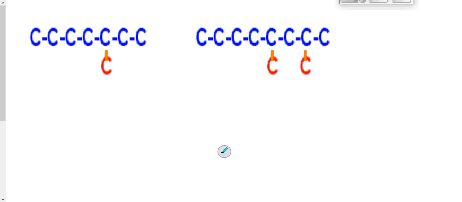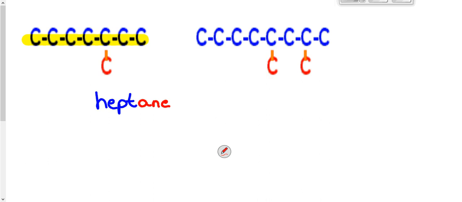Let's go through these two examples together and name them. In the first example, we're going to start by finding my parent chain. My parent chain has 1, 2, 3, 4, 5, 6, 7 carbons. The prefix for 7 is hept. Because all the bonds in between the carbons are single bonds, it will end in ane.